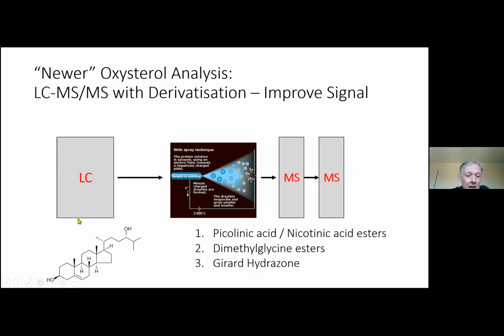Because oxysterols and sterols in general are neutral molecules, they don't ionize terribly well by electrospray or by APCI. So over the years, people have tried different methods of derivatization to improve the ionization, to improve the signal. And we'll just go through 3 different methods of derivatization.